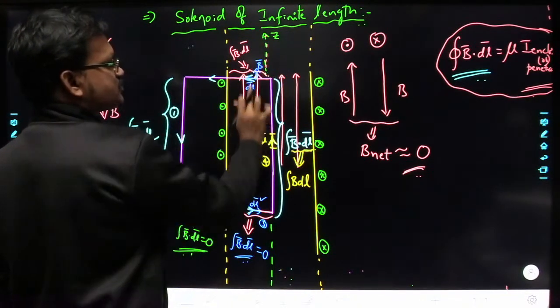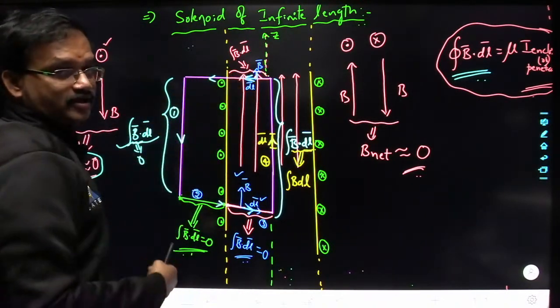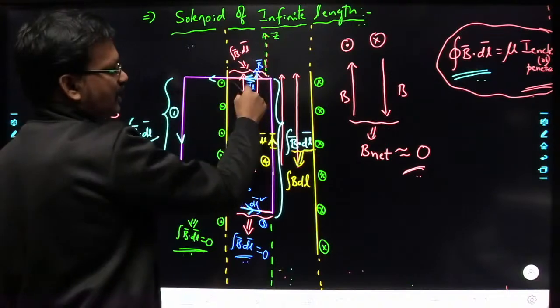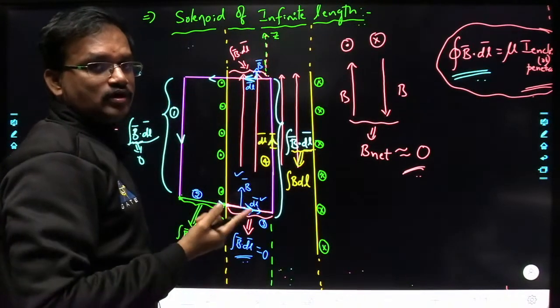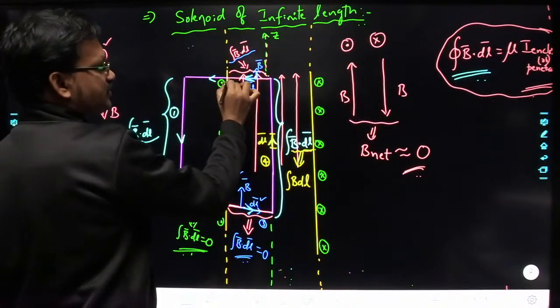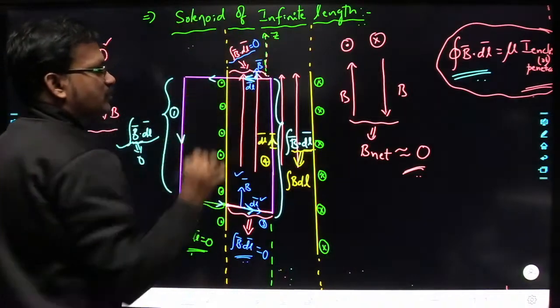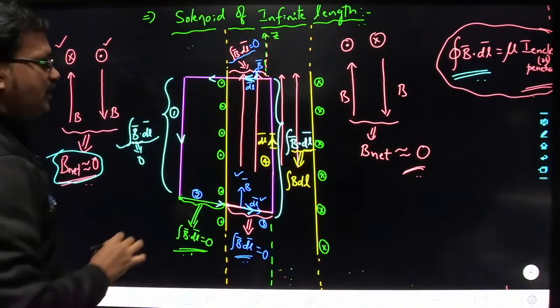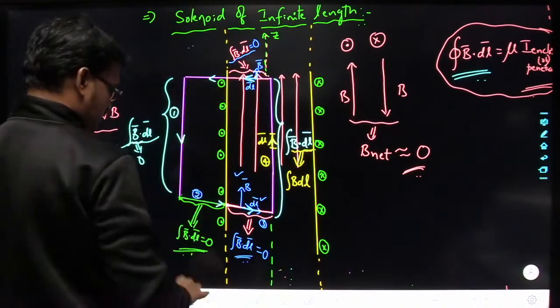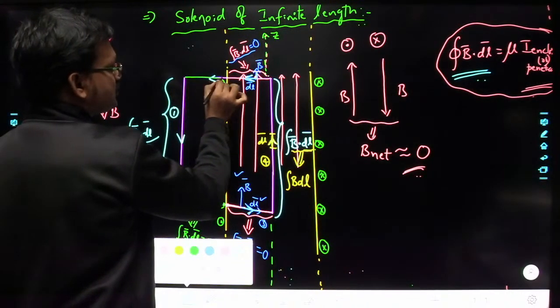So B bar is pointing upward, and dl bar is pointing in the horizontal direction. So the angle between B field and dl bar is equal to 90 degrees, and hence integral B bar dot dl bar over this length will also become equal to 0. Understood?